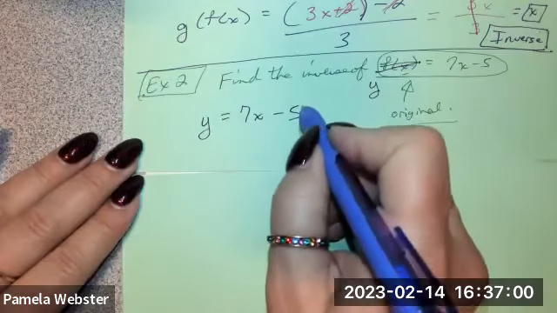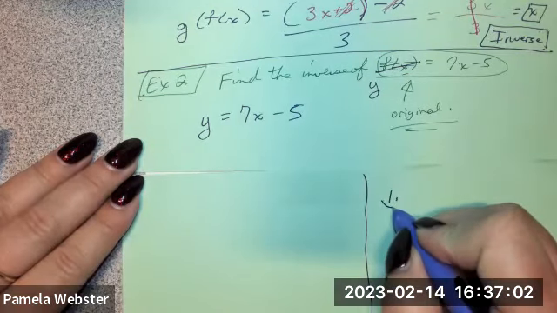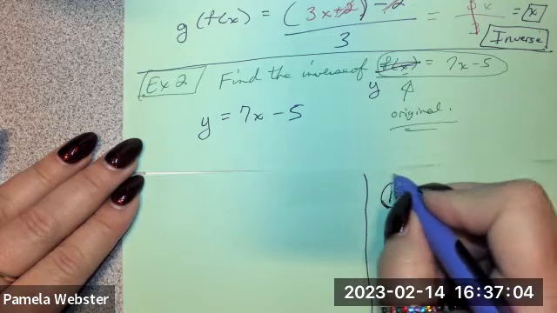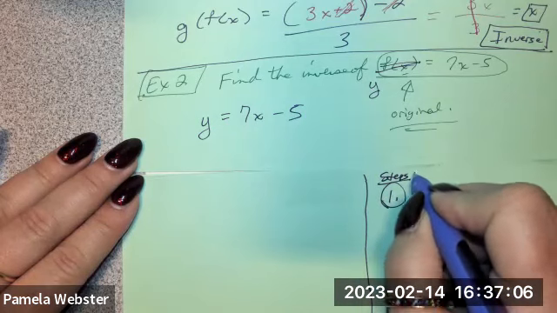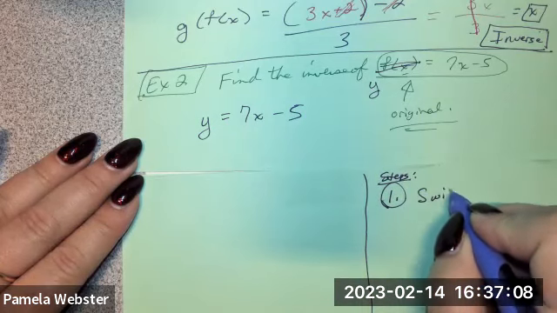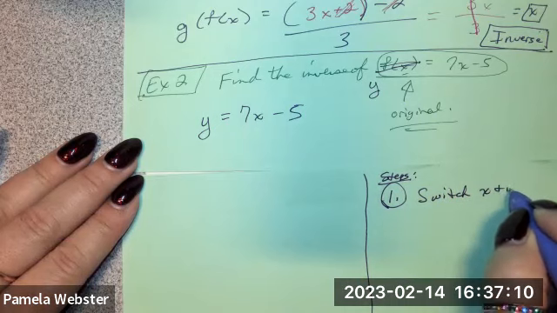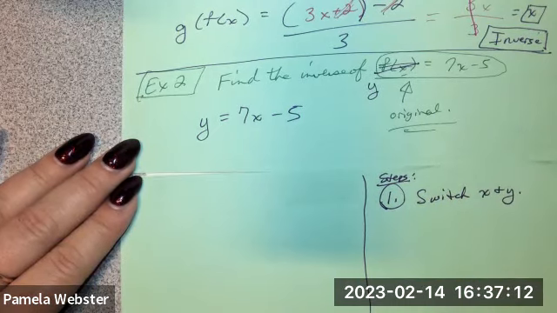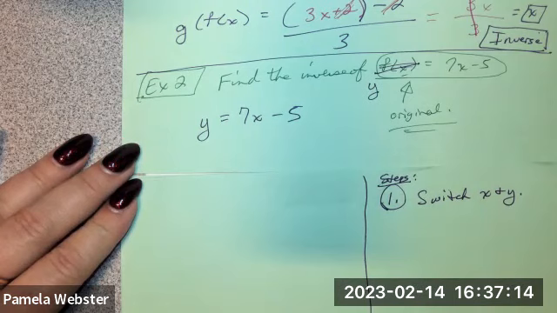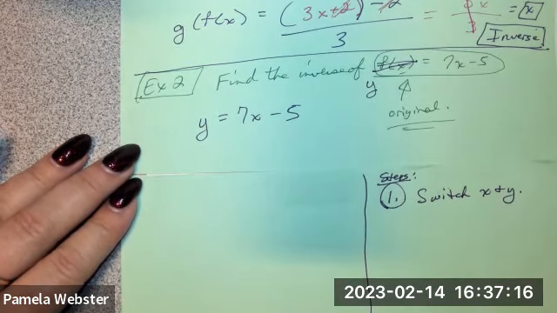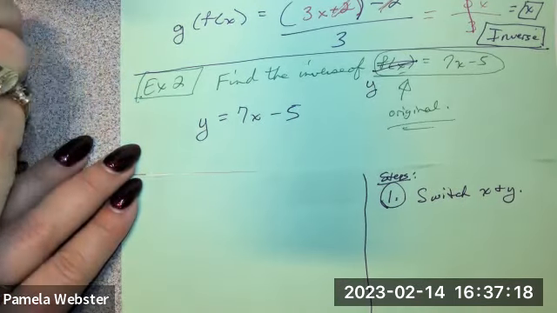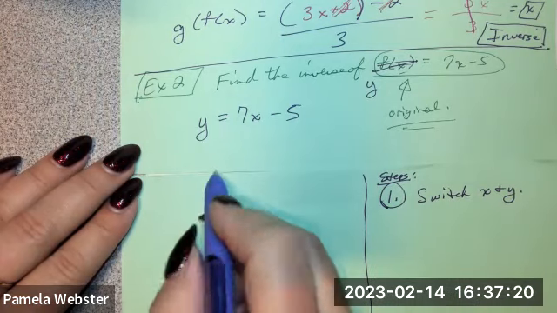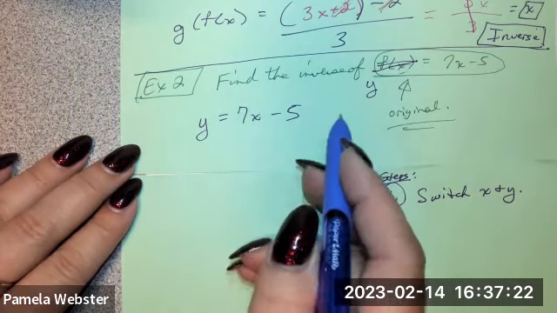So that's important because my first step says, here's my steps. Number 1, switch your x and y. Okay, so if you had the f of x there, then your very, very first step is get rid of the f of x and make it a y. Okay, so switch your x and y. So here we go. Here's step number 1. I've got y equals 7x minus 5.